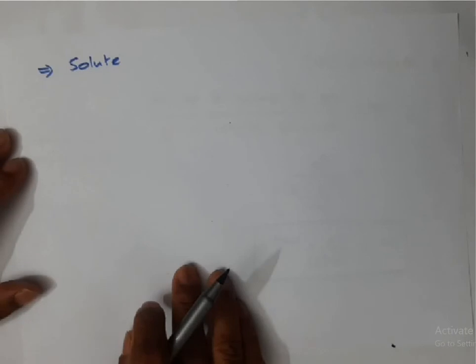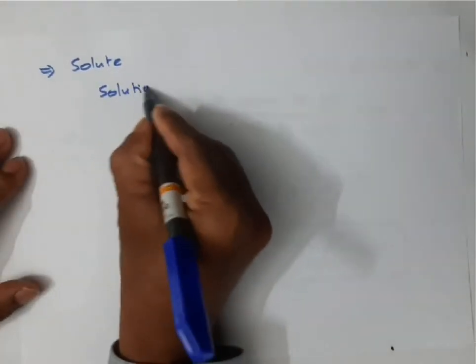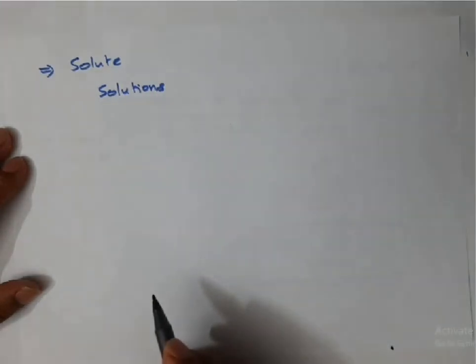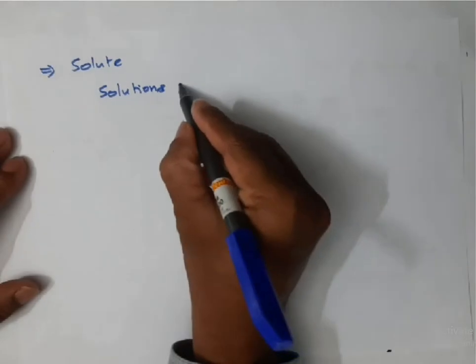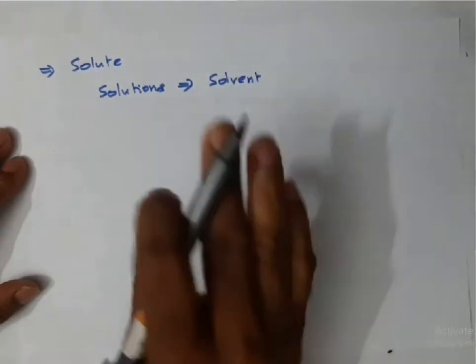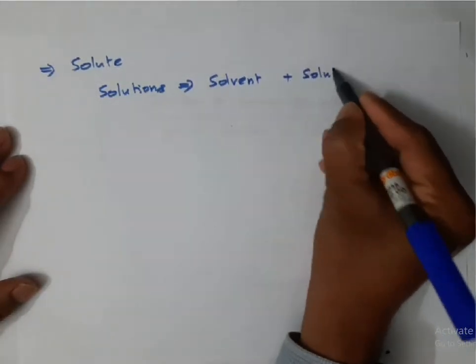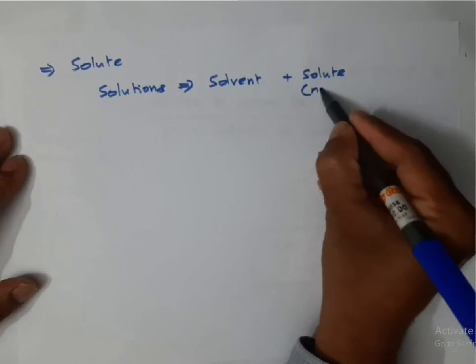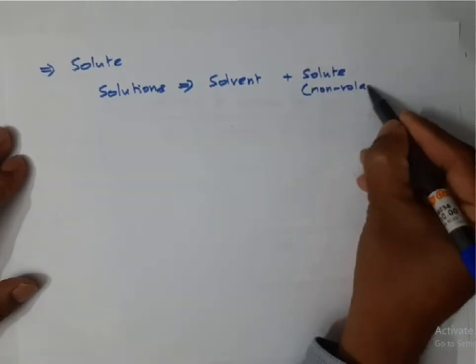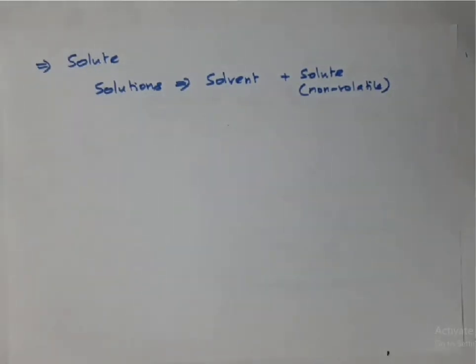In the forthcoming discussions, we are going to consider solutions in which your solvent is liquid and your solute is actually a non-volatile solute. Hereafter, we are going to consider only non-volatile solute.